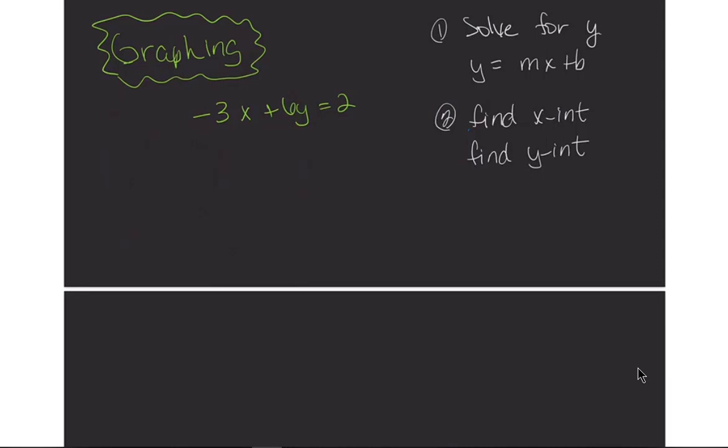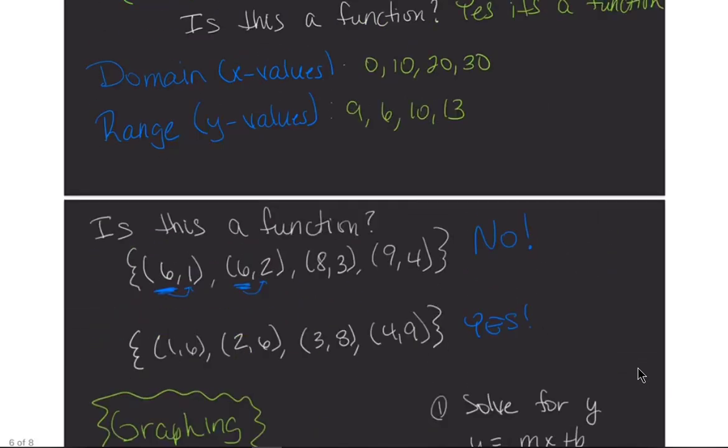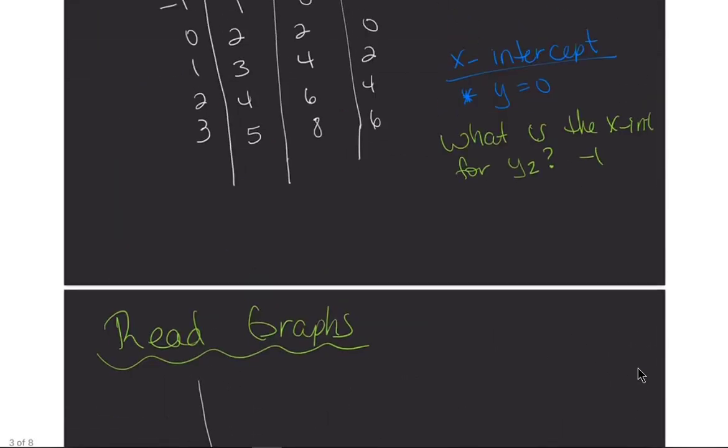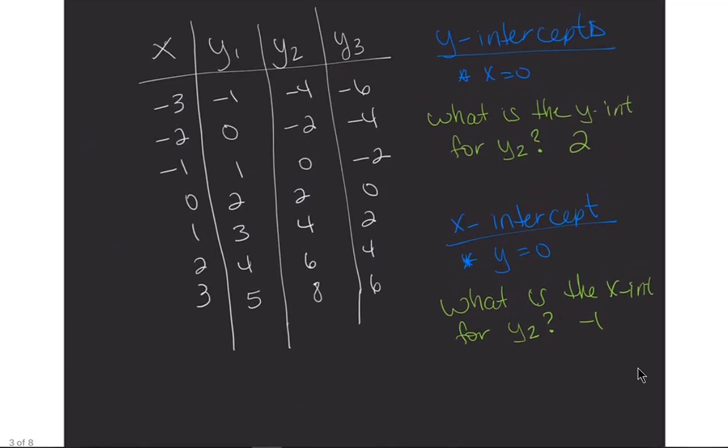What do we know about the y value for the x-intercept? When it comes to the intercepts, like the x-intercept, your y equals 0, right? And if you're looking for the y-intercept, your x equals 0.